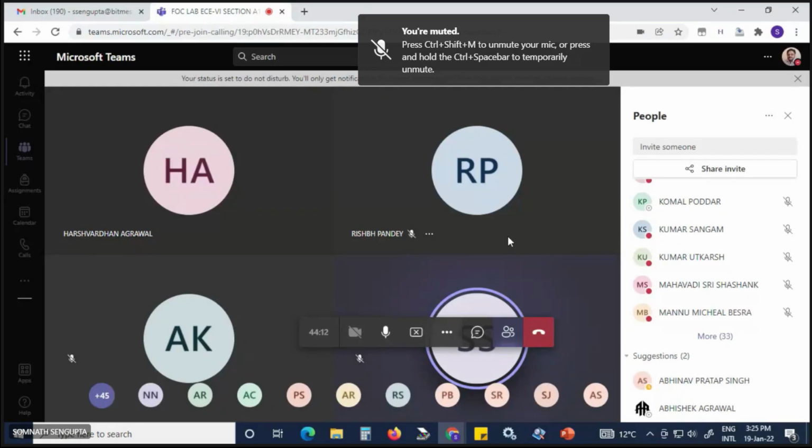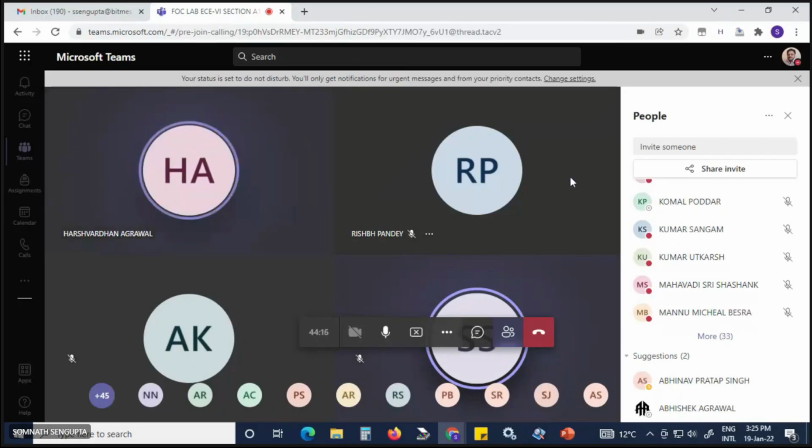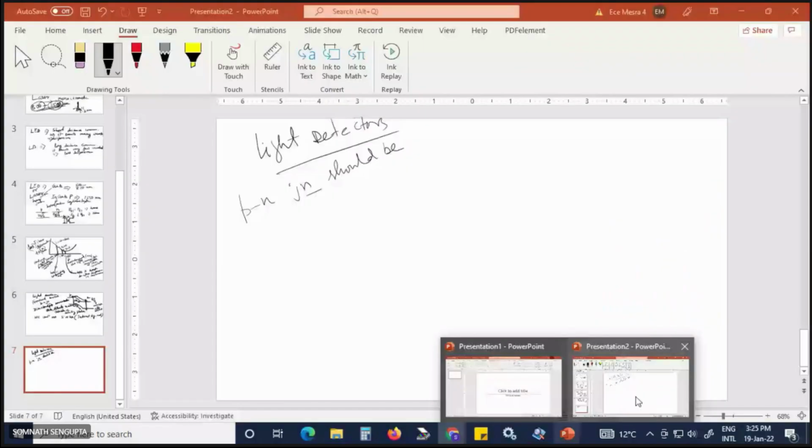Sir, reverse bias. Who told reverse bias? Harshvardhan Agrawal. Yes, reverse biased. PN junction should be reverse biased.